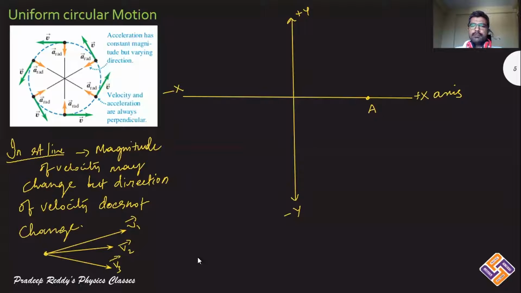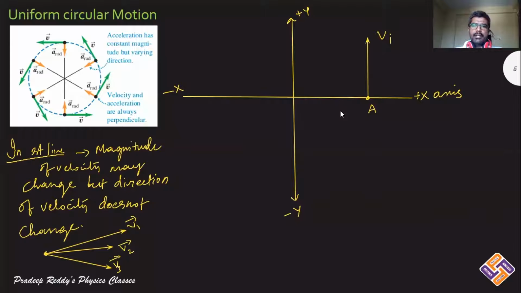Now I am coming to this position where the body is starting at A. If I consider the particle starting at A, and its direction is not being changed, this is the initial direction, along positive y. The velocity of this body starting at position A is along the positive y-axis.